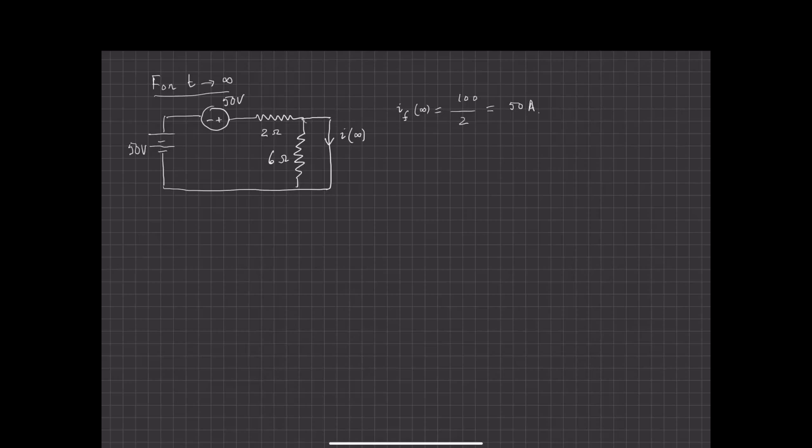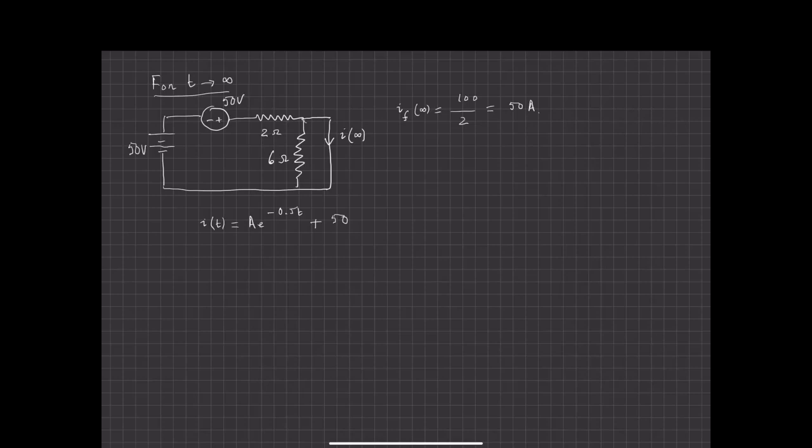All right. So what is left? Now we know that our solution I of t is now equal to the natural solution, which is A e to the power of minus 0.5 t plus the forced solution, which is 50. All right, I_n of t plus I_f of t, that's that solution.